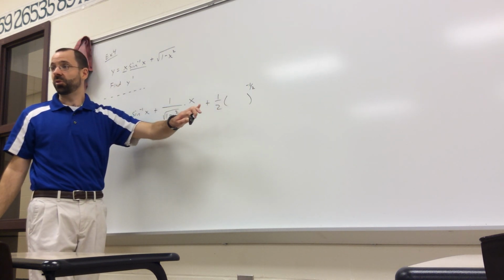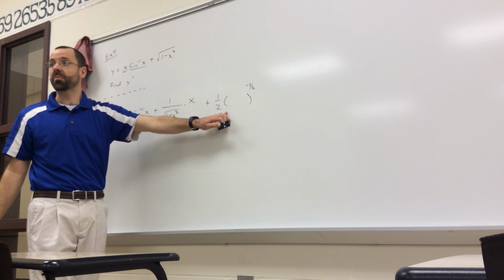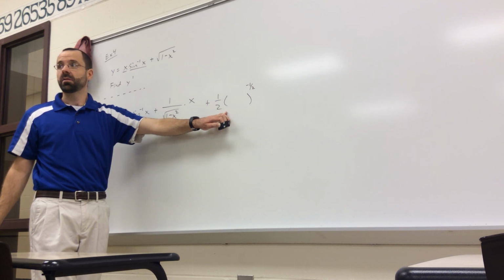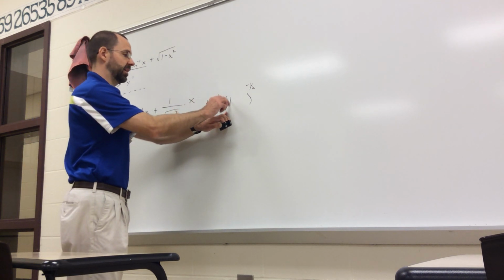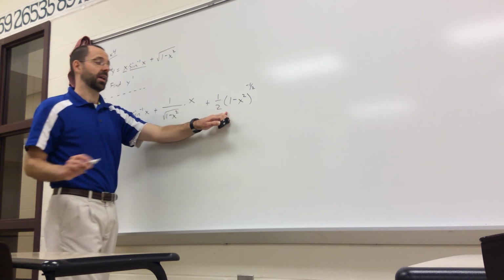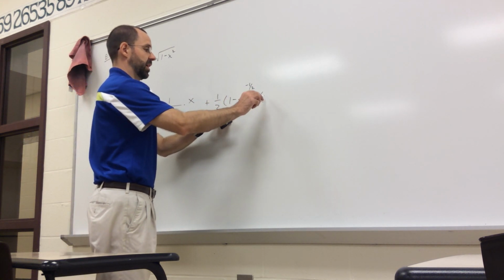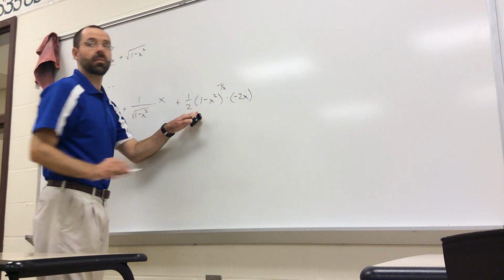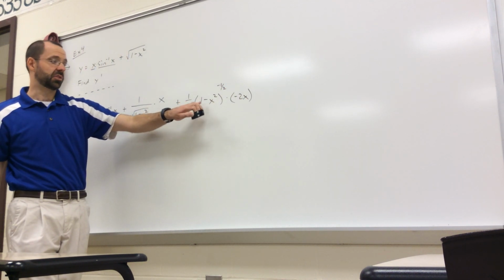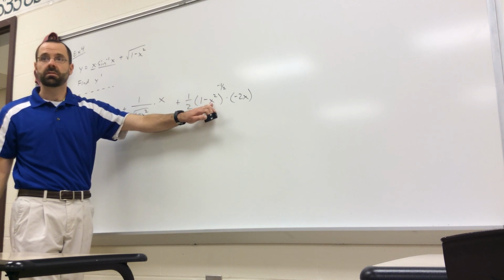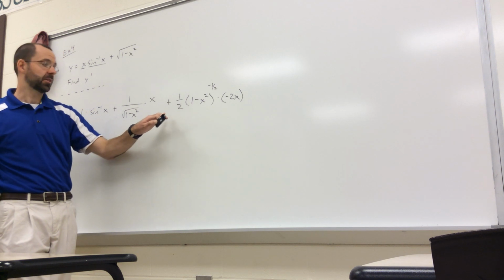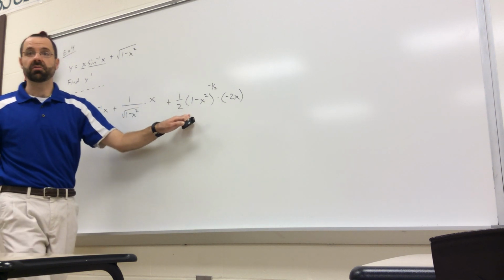So I'm doing chain rule on the square root, and this is the first step: derivative of the outside. Then I plug the regular inside into it. And then I times by the derivative of the inside. I just got the negative 2x by taking 0 minus 2x. Everybody okay with this chain rule being the derivative of that?